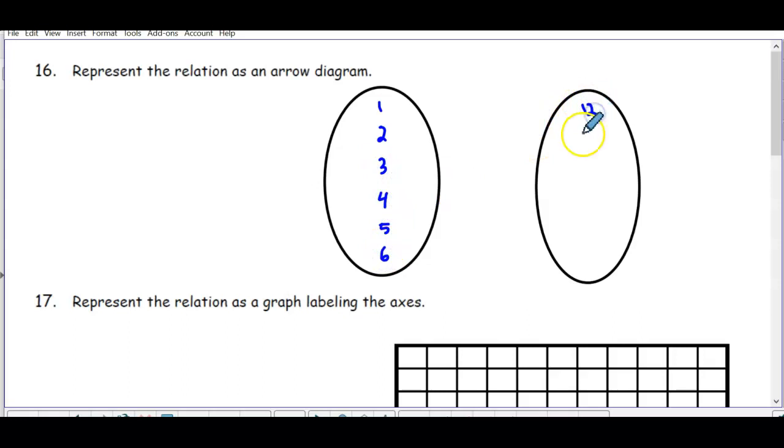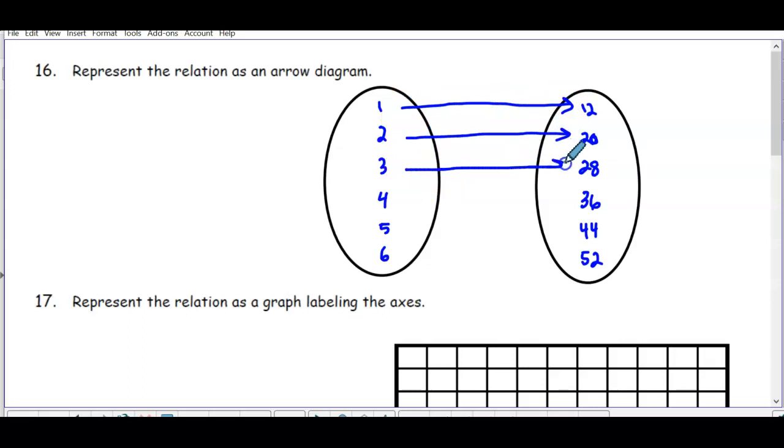We have 12, 20, 28, 36, 44, 52. And then just straight arrows across. Okay, and this is your cubes, and this is your toothpicks T.